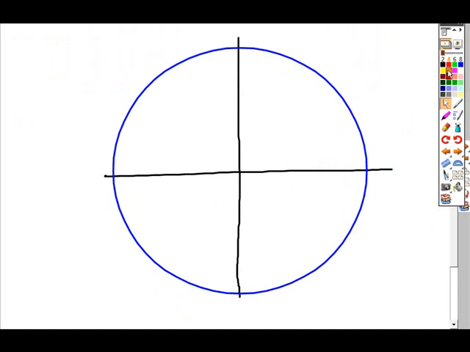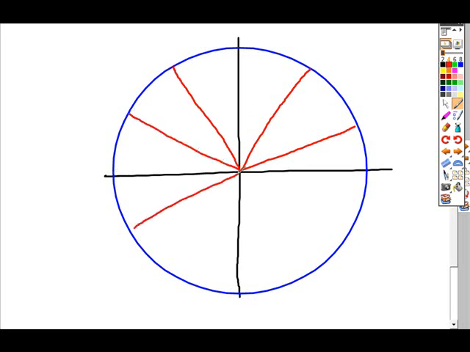Remember, in the unit circle, the angles that you need to be aware of are 30, 60, 90, 120, 150, 180, 210, 240, 270, 300, 330, and 360.